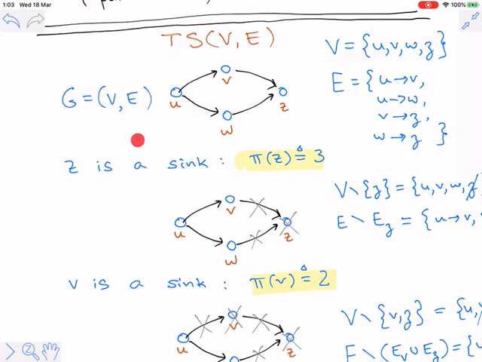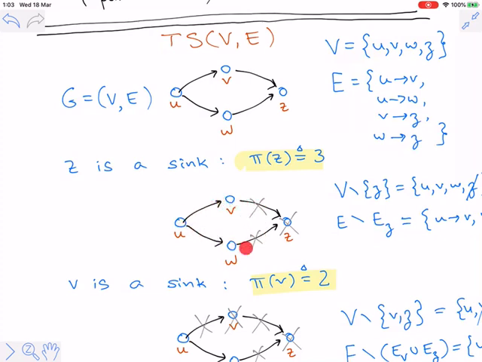The reduction rule looks for a sink. The sink in this directed acyclic graph is z. Good. We might have multiple sinks, but here we have only one. We assign pi of z to be 3. Why 3? Because we have 4 nodes, so pi of z is 4 minus 1. This is 3. Now we want to apply the algorithm recursively. On what? On the graph obtained by deleting z and all the edges which enter z.